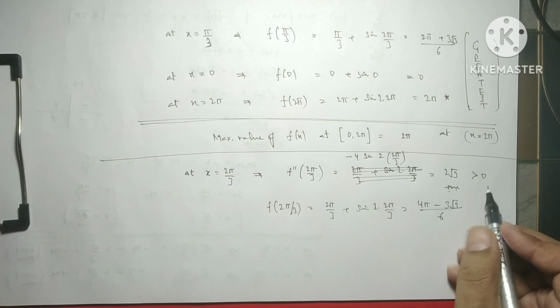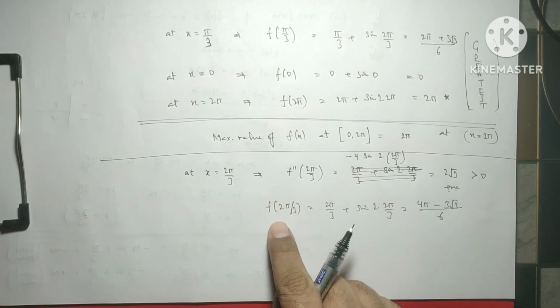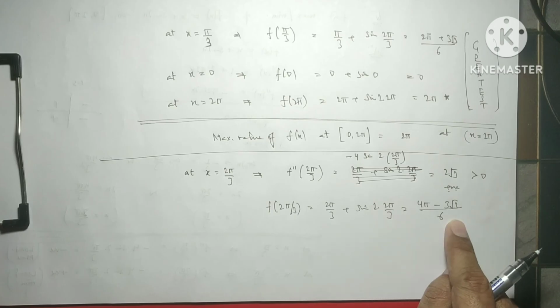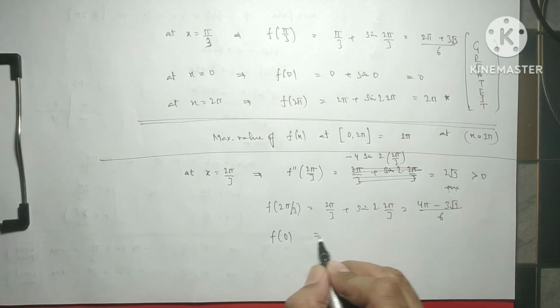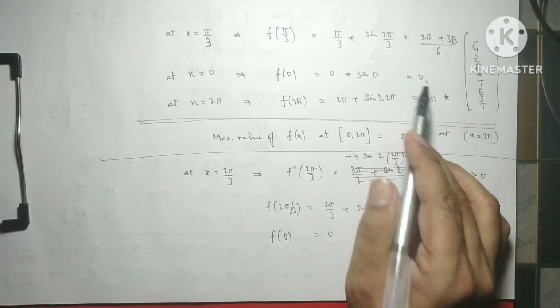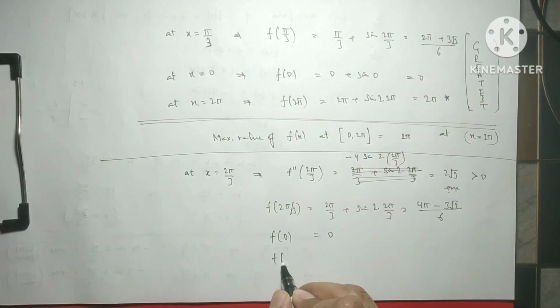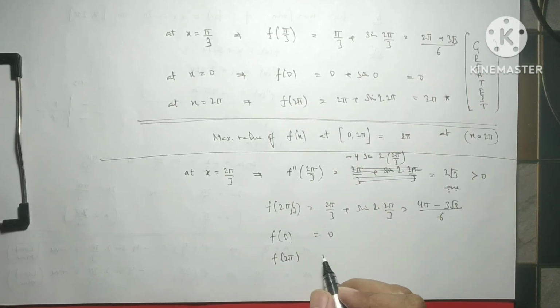So it is local minima, and the minimum value will be this, and f of 0 is 0 as we collected before, and f of 2 pi will be 2 pi.